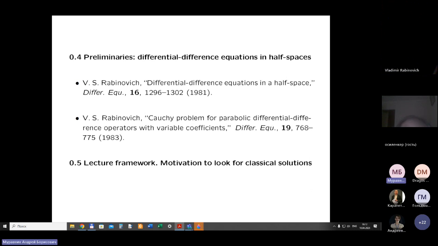I have to mention two key papers of one very important predecessor in this direction. This is Professor Rabinovich Vladimir Samuilovich. It is especially pleasant that he started his work in mathematics in Rostov, where our organizers are physically situated now.